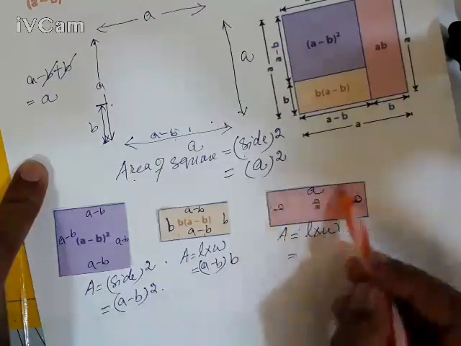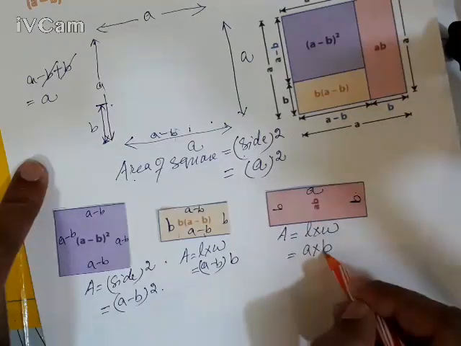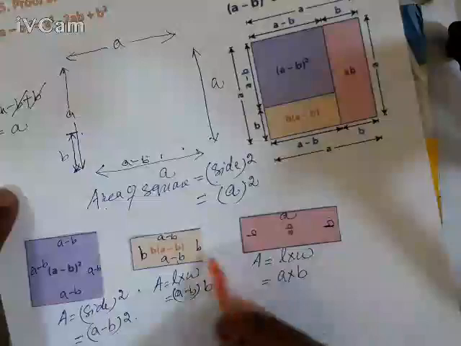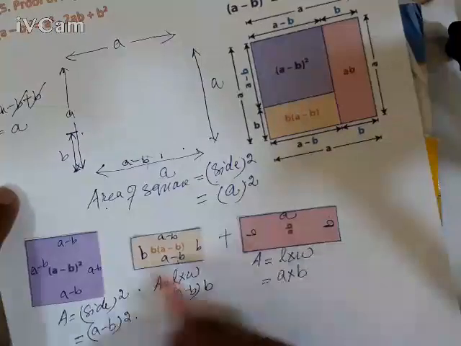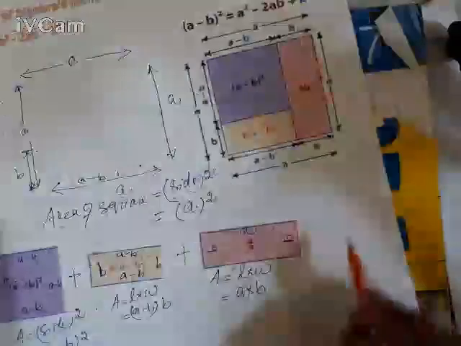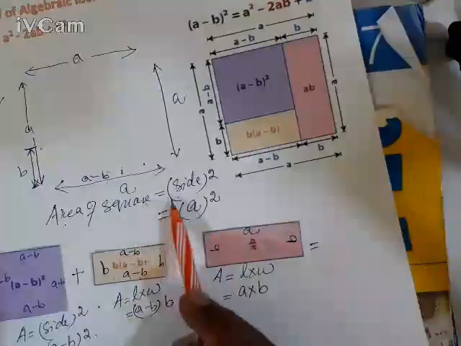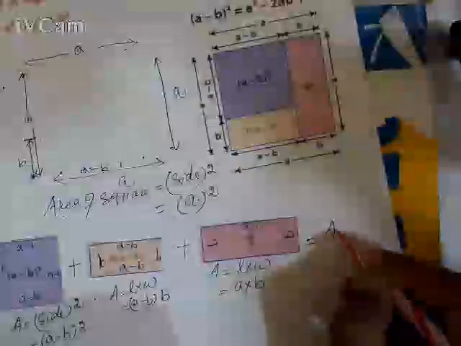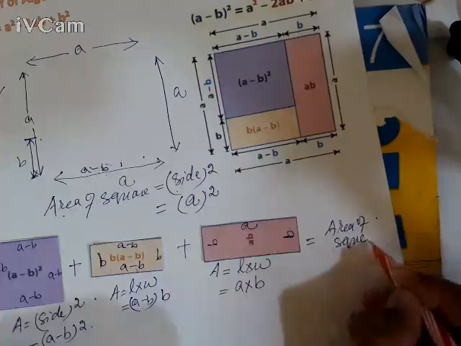So its length will be a and breadth will be b, and if we add all these areas, which is further equal to the area of the whole figure, the area of the square, and the whole figure is a square region.